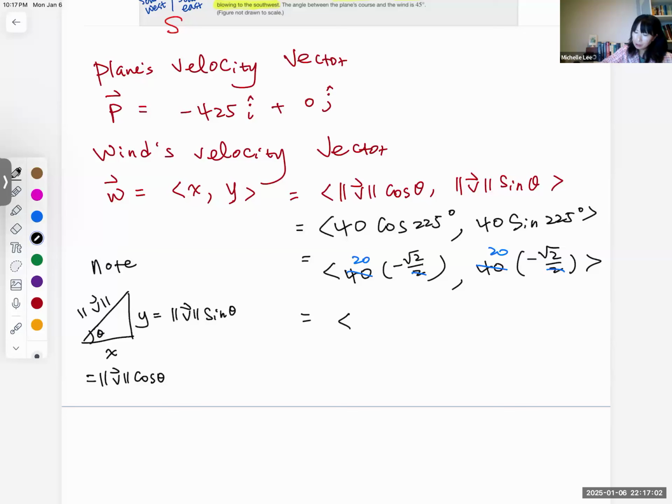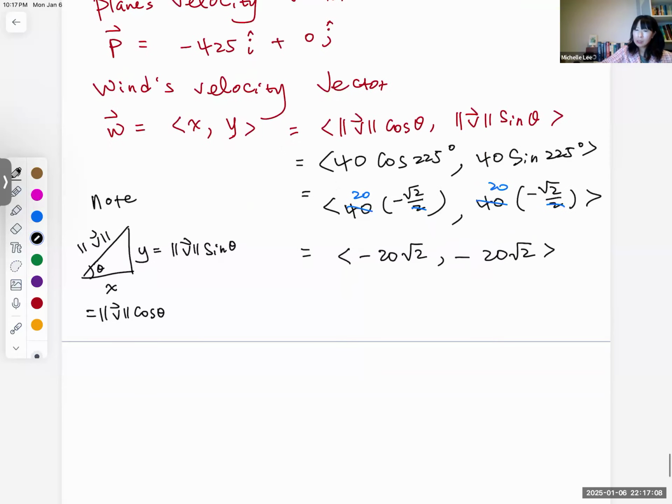Negative 20 square root of 2, negative 20 square root of 2. This is the vector component form, and this is the unit vector form.